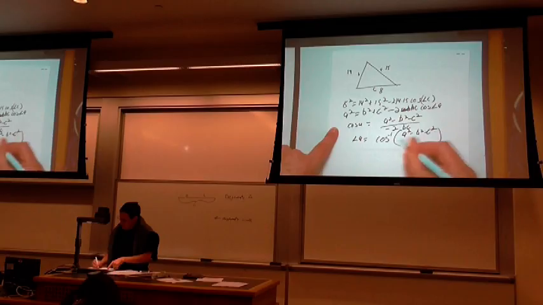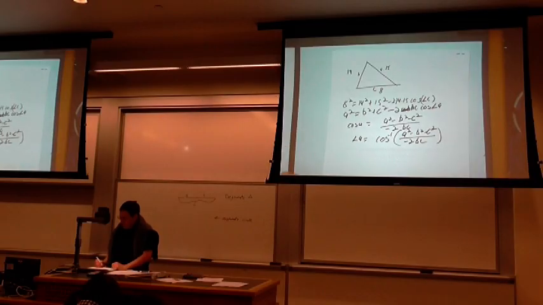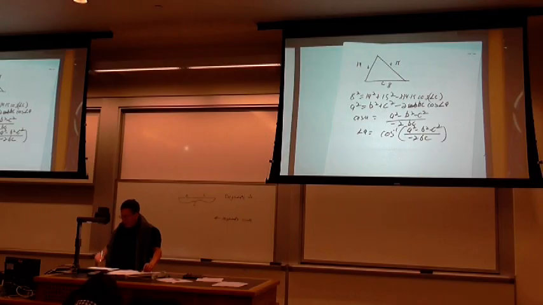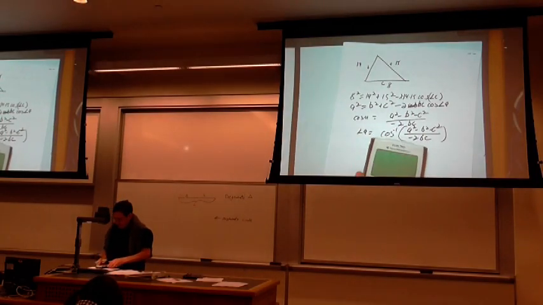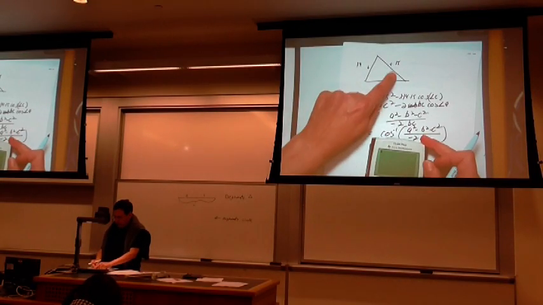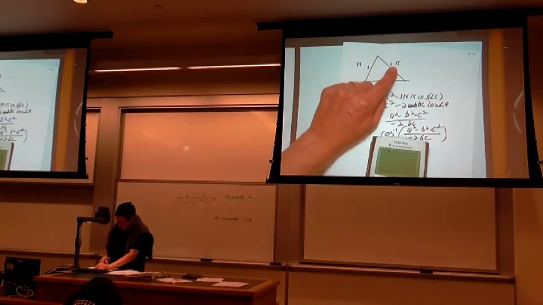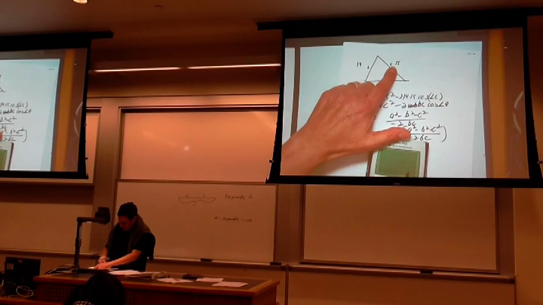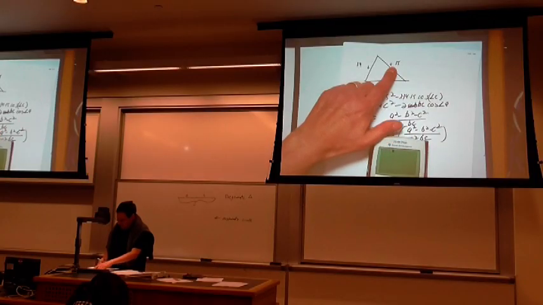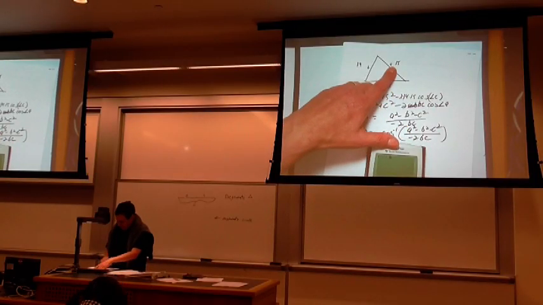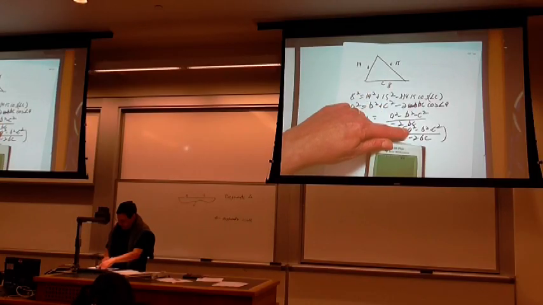Now all I have to do is plug in A, B, and C. So I want angle A, I put A squared, A is 15. Inverse cosine, put caution to the wind. 15 squared minus 14 squared minus 8 squared.